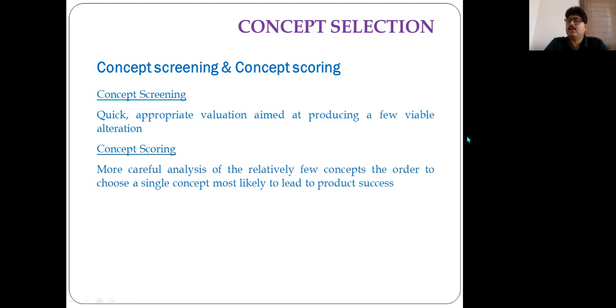The selection approaches which we have seen are idea affinity approaches, trying to reduce the number of concepts from n to minimal. That is the process of quick and appropriate evaluation.